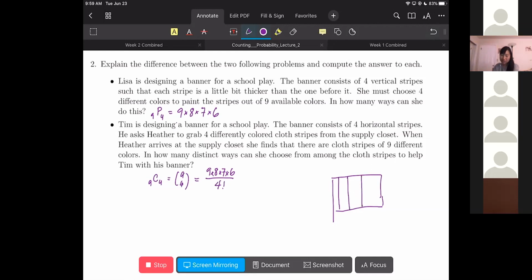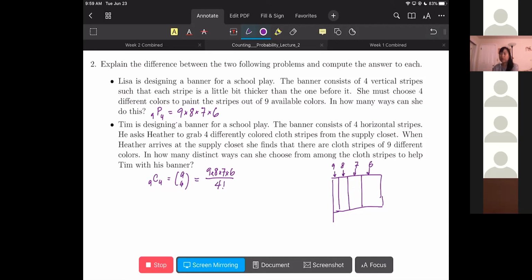And then she needs to pick 4 different colors. So here the order matters. Whatever we paint, this one is different than this, than this, than this. And so if there are 9 different colors and they have to be different, then there are 9 possibilities for the first one, 8 for the second, 7 for the third, and 6 for the fourth.